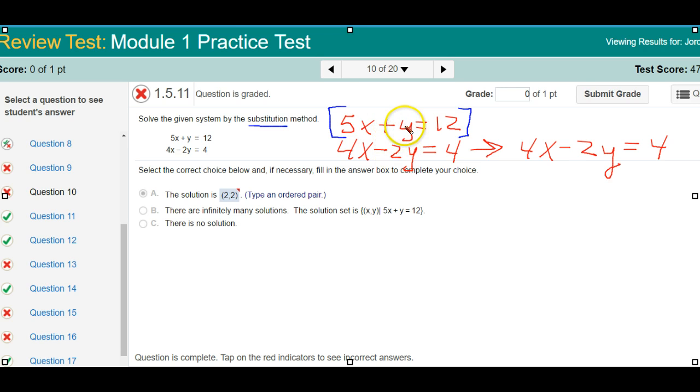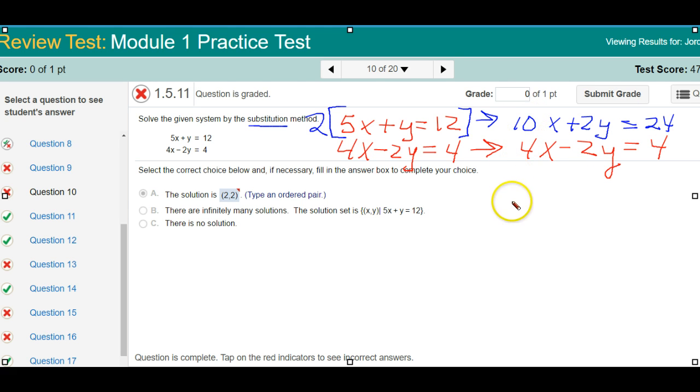So what do I have to multiply this to make it a 2y? Well, 2. So my new equation then, I'm going to put on top of the other one. This is 10x plus 2y equals 24.